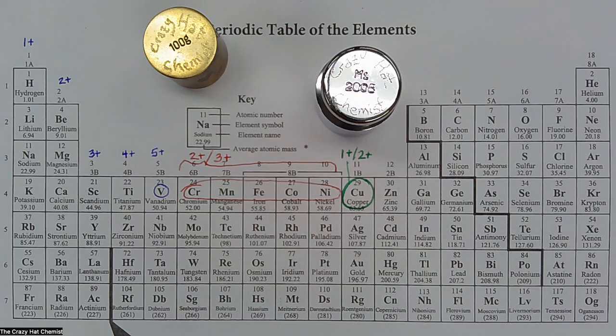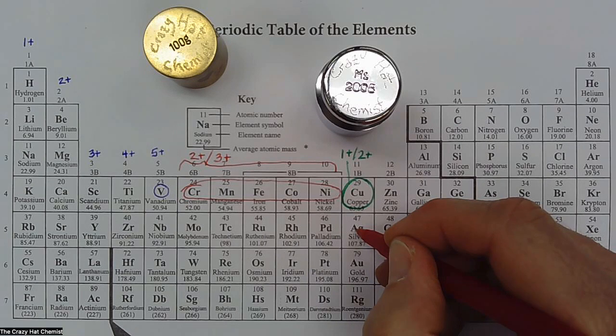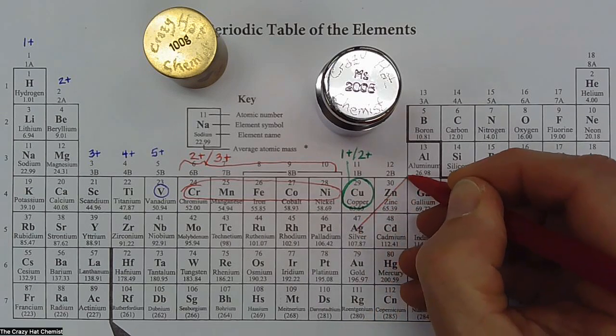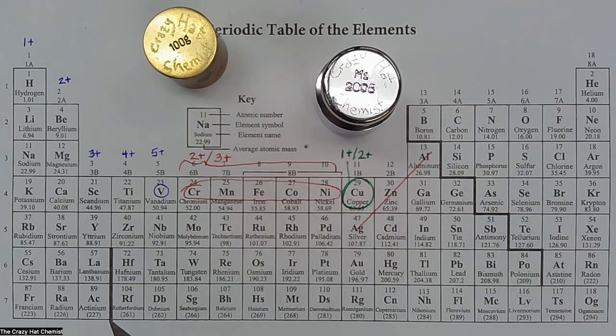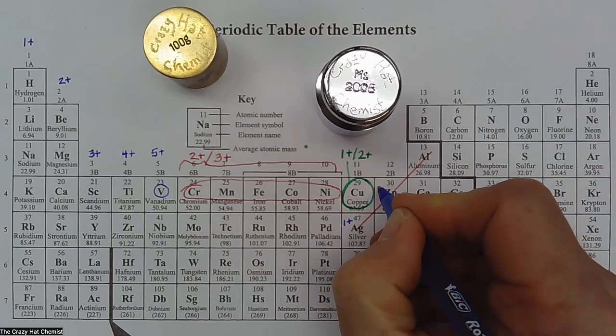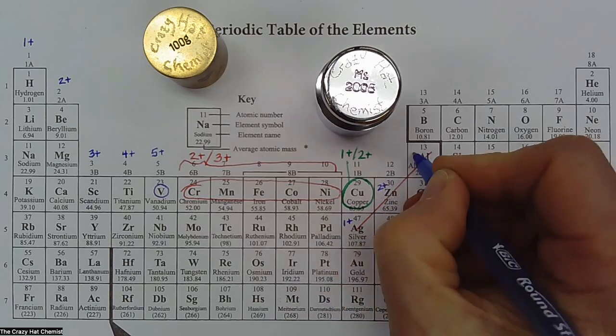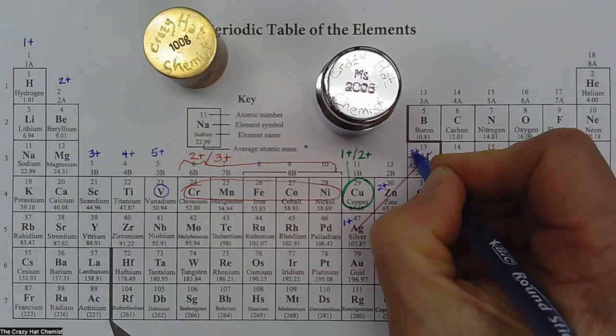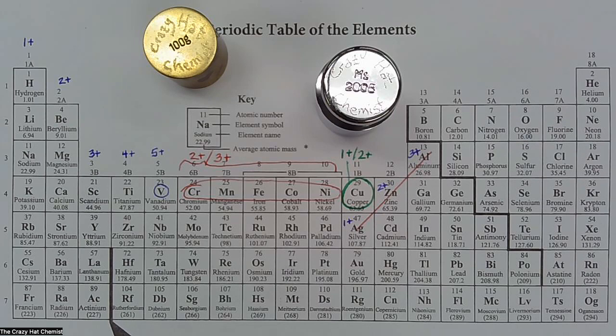Then there is this diagonal pattern on the periodic table, and that is silver, zinc, and aluminum. In this diagonal pattern, silver has a 1+ charge, zinc has a 2+ charge, and aluminum has a 3+ charge.